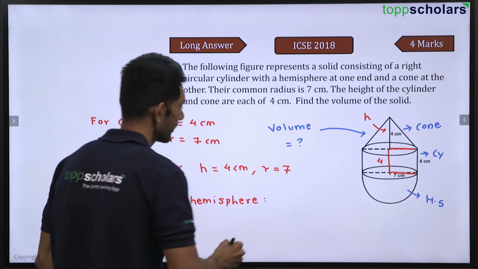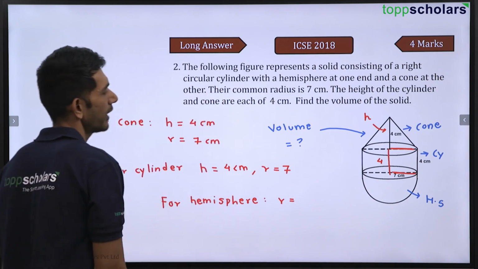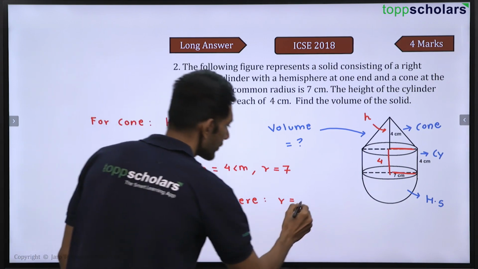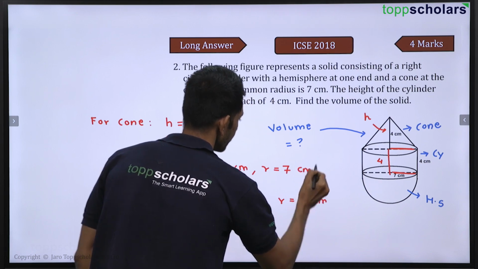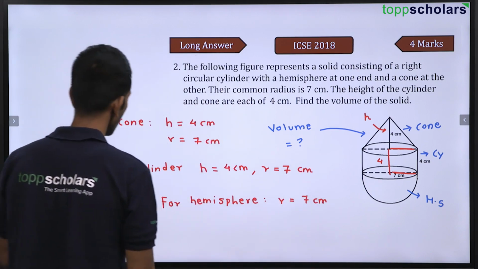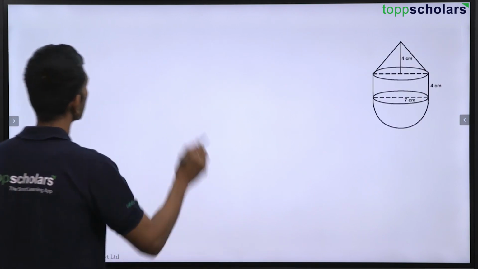what is the radius? Can I say, for hemisphere, the radius is given, which is 7 centimeter. Correct? Cone, cylinder, hemisphere. Perfect.